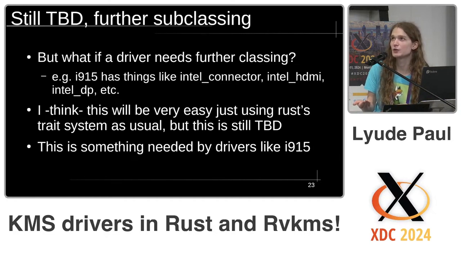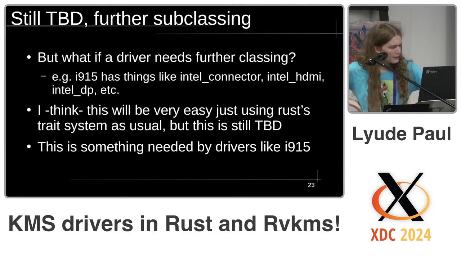And occasionally you want to be able to go through, in various hooks, to work on specific subclasses like that. So I'm hoping this will be pretty easy to just do through Rust's trait system, but it's still sort of to be determined at this point.